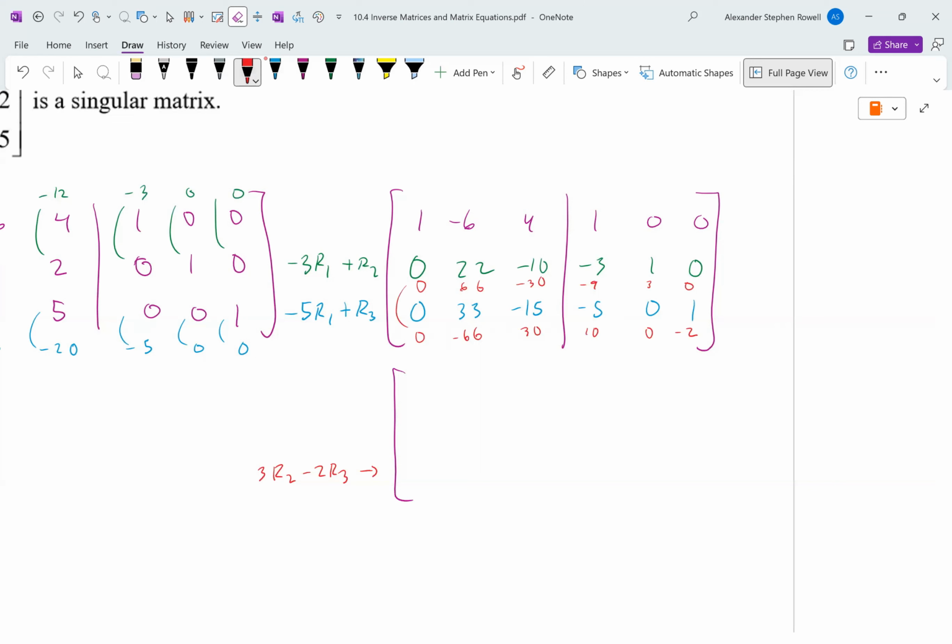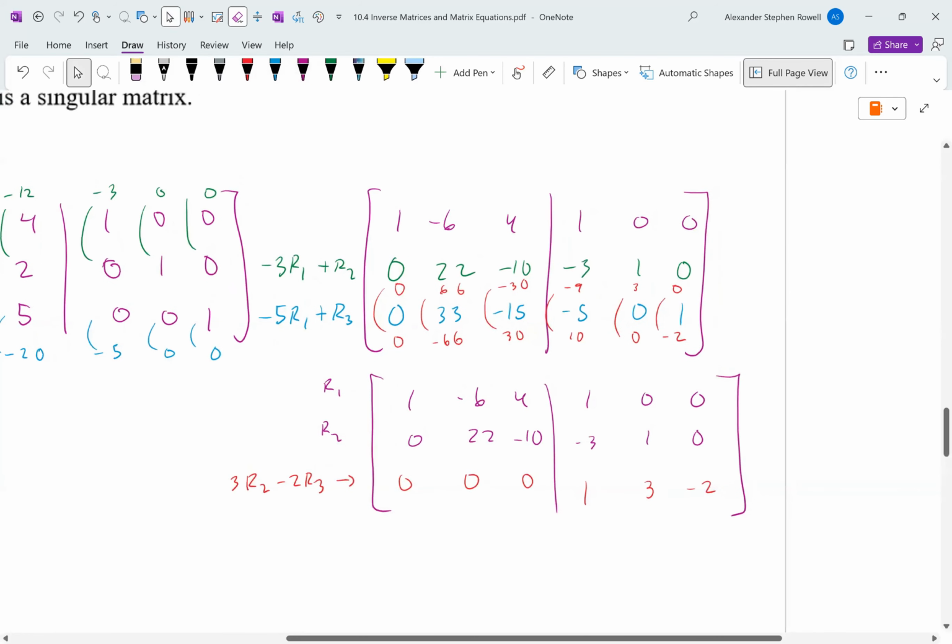And so if I add those together, I get 0, 0, 0, which is what gives me that it's non-invertible. But let's go ahead and continue this. 1, 3, -2. And I'll keep row 1 and row 2 the same. 1, -6, 4, 1, 0, 0, 0, 22, -10, -3, 1, 0.